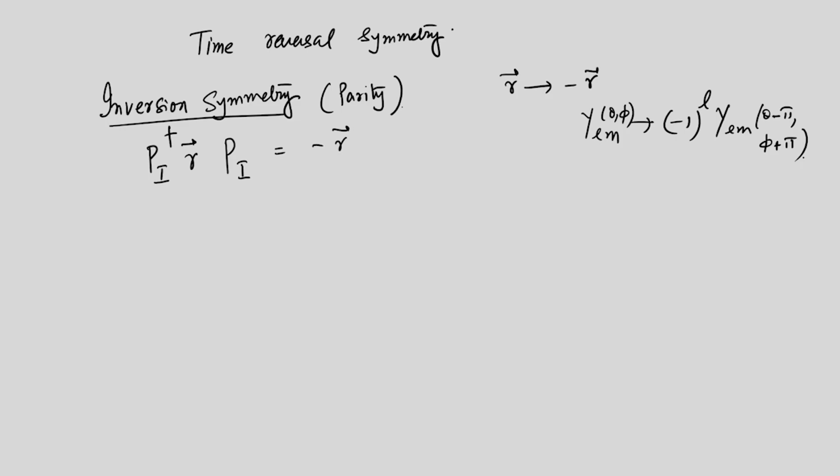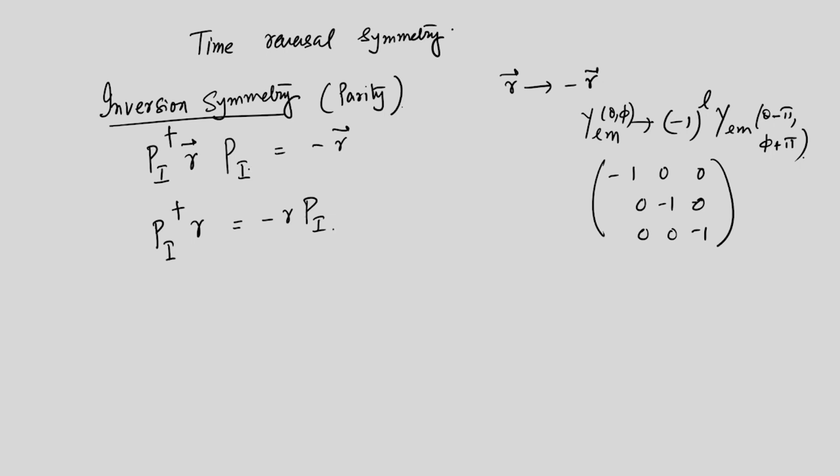So, in a simple case, Π could be just a matrix like minus 1 0 0, 0 minus 1 0, and 0 0 minus 1, which inverts x to minus x, y to minus y, and so on. Okay. So, if you write it like that, then these are unitary operators, which means that Π dagger Π equals 1. So, this becomes equal to minus R Π and so on.